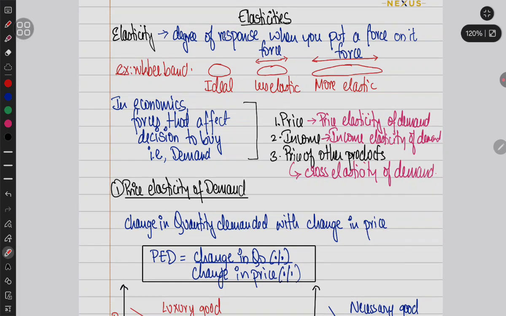In the same way, in economics, the forces that affect the decision to buy, that is demand, are price, income, and price of other products. Therefore, the effect of price is nothing but price elasticity of demand. The effect of income is known as income elasticity of demand, and the effect of a change in the price of other goods is called cross elasticity of demand.